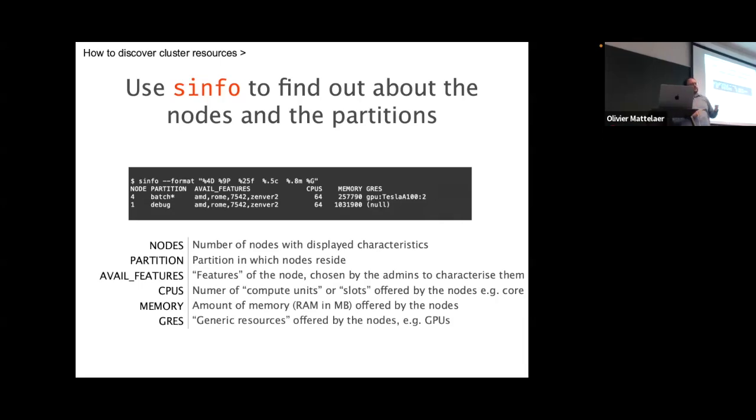All these are features of the CPU. And if you run this command on Lemaitre4, you will see that every node is identical. But on Hercules, you will see that there are different types of nodes with different CPUs, different amounts of memory. And all this can be shown by the sinfo command.